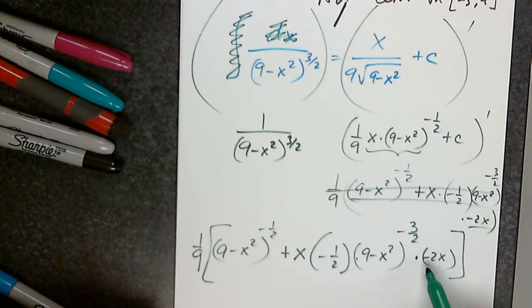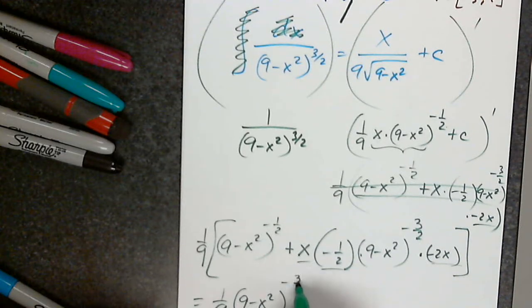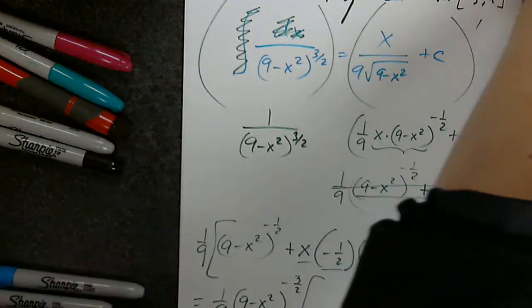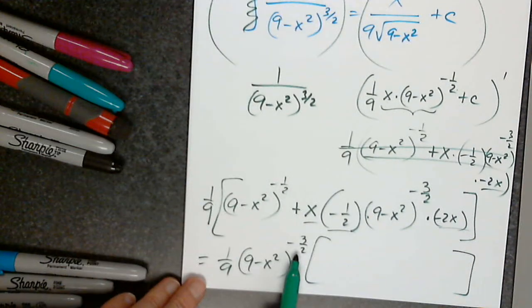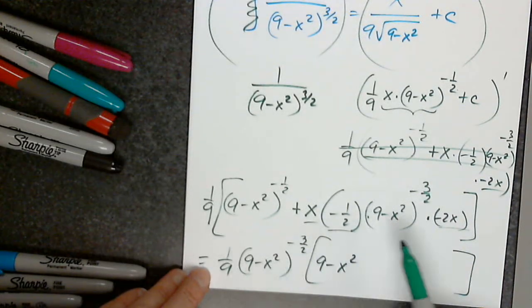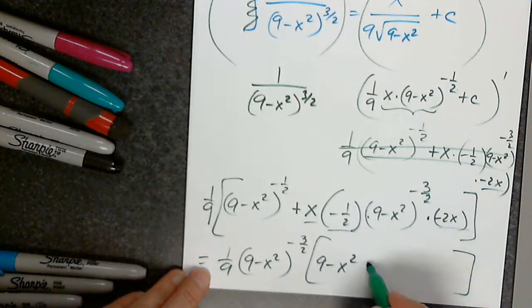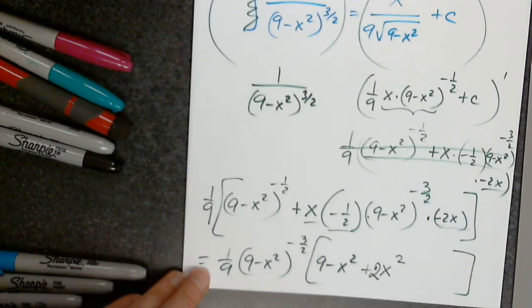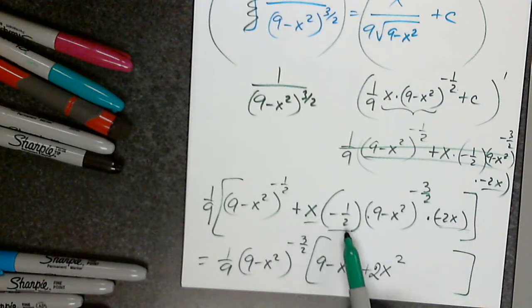Okay, so now I will have to multiply this and this and this, and I will have to factor out (9 minus x squared) raised to -3/2. -1/2 minus -3/2 is 1. This is completely out. -2x times x is -2x squared divided by -2 is positive x squared. Sorry, so it's -2x squared divided by -2.